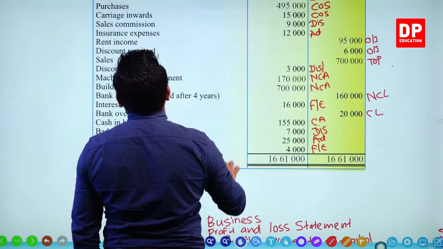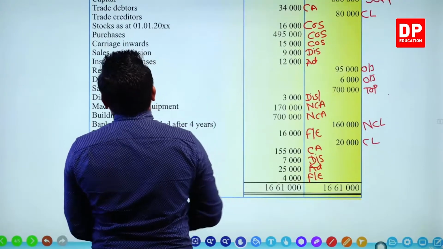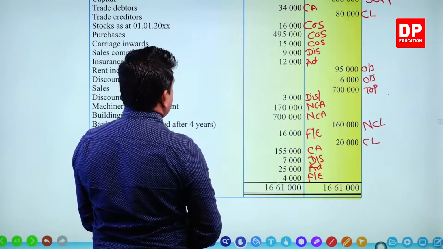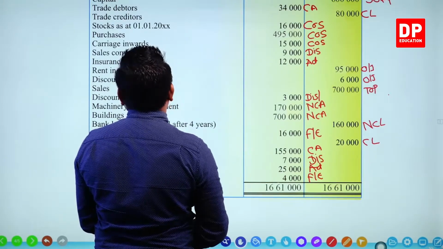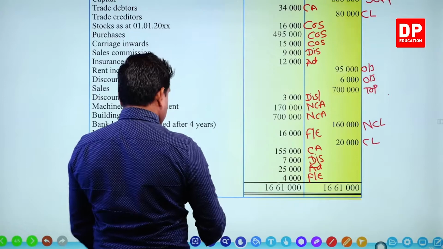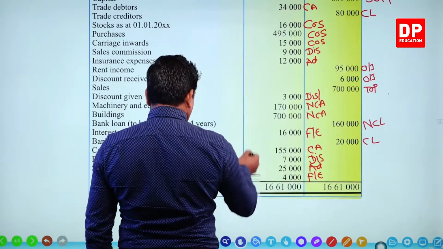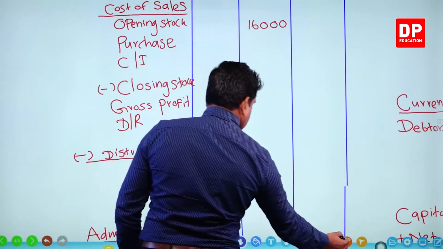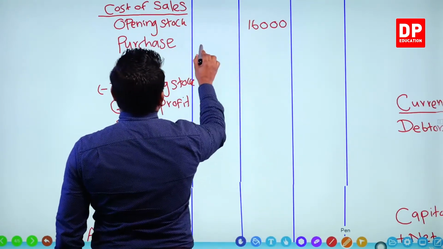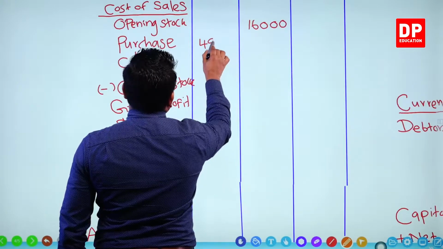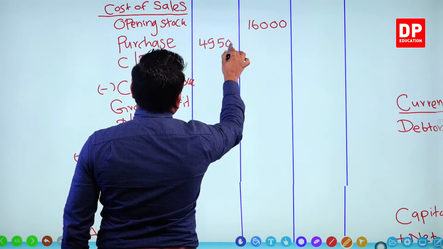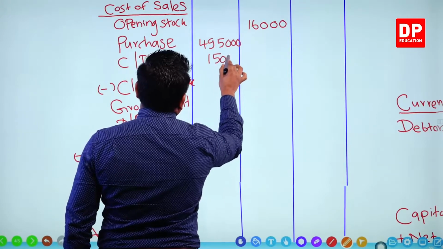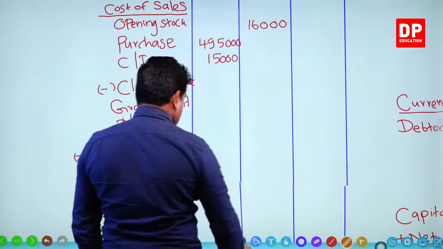Now next, purchase 95, carriage inwards 15,000. Purchase 95. Carriage inwards, do you remember? It is 15,000.